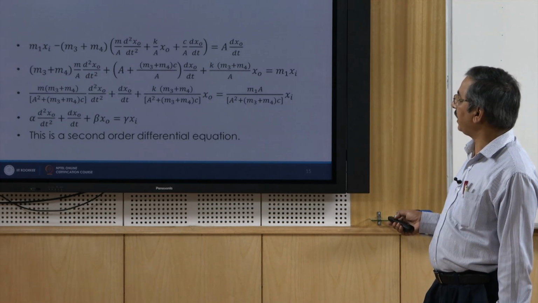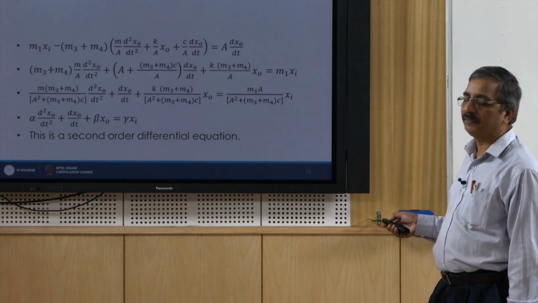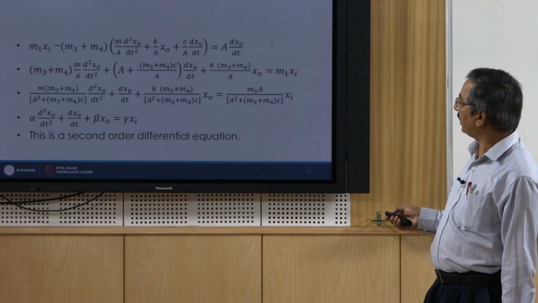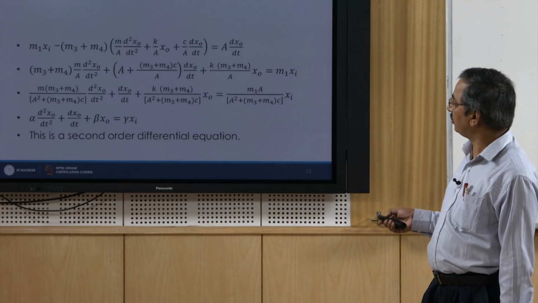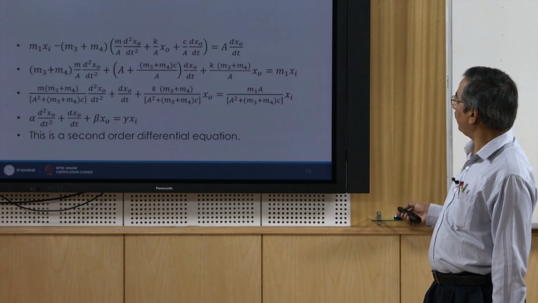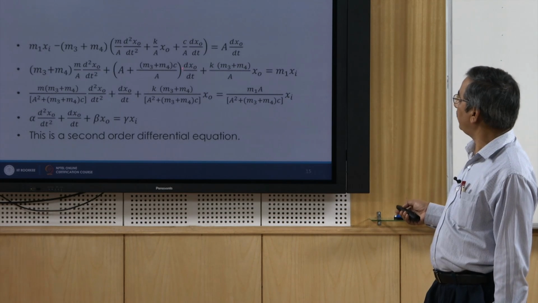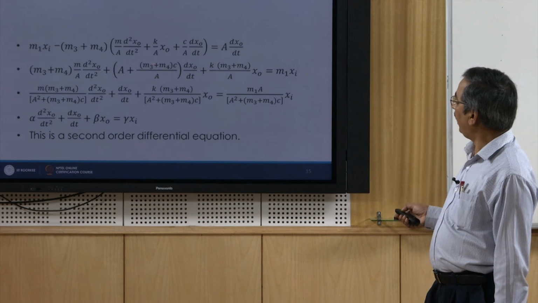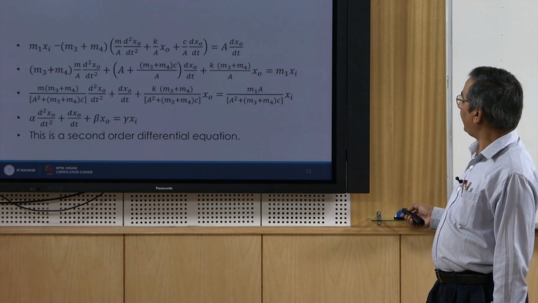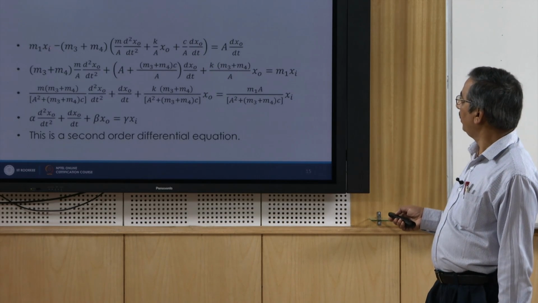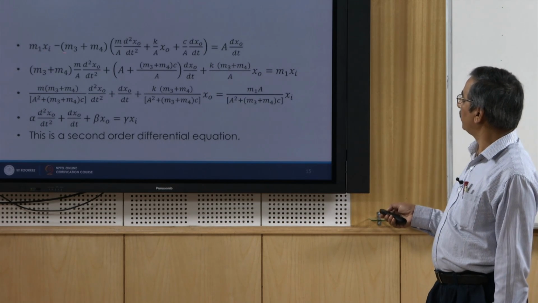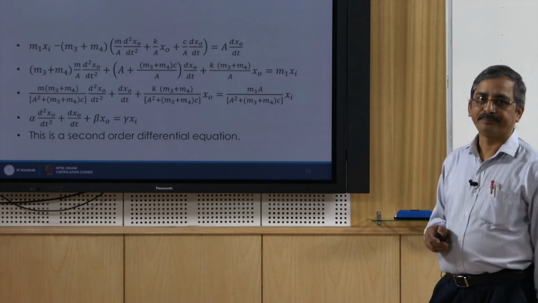Basically, now I am writing the expression in terms of the coefficients of the derivatives. Okay. So, here the coefficient for d²x0/dt² is going to be this one, plus here I am just segregating the coefficient of dx0/dt here. So, this A and this term here is going to come, plus we have this k(m3 plus m4)/A into x0, and this is going to be equal to m1 xi.